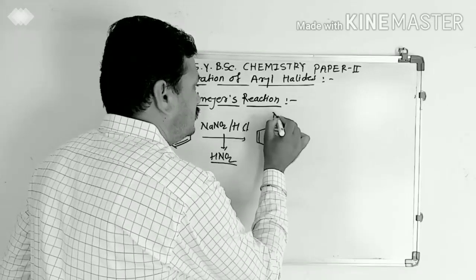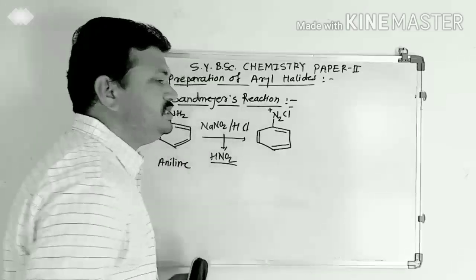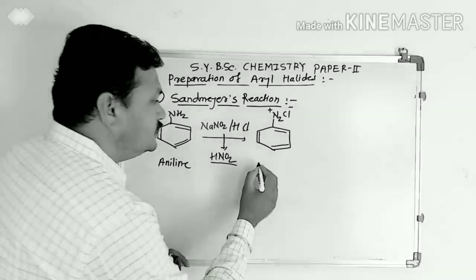It is N2 plus Cl minus. It is known as diazonium salt.